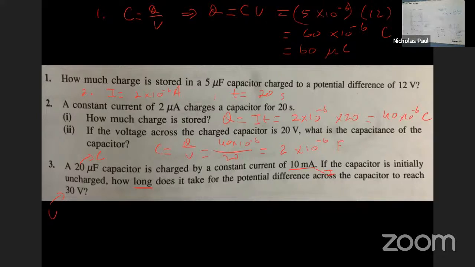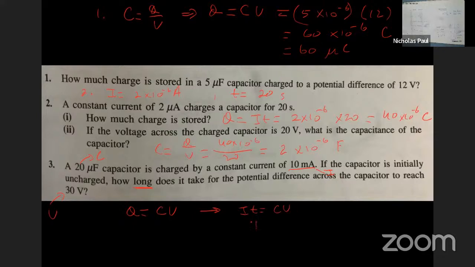Right, so you use Q as IT and work it out. Like the first one we did, Q is equal to C by V. We know what C is, and we can solve for Q and then find T. So Q is equal to IT, which is equal to CV.